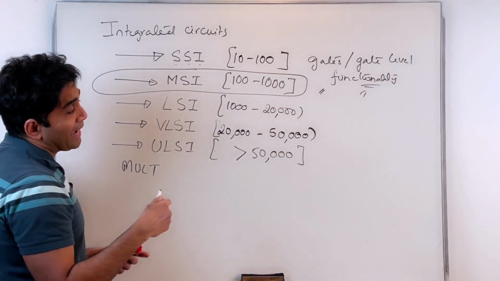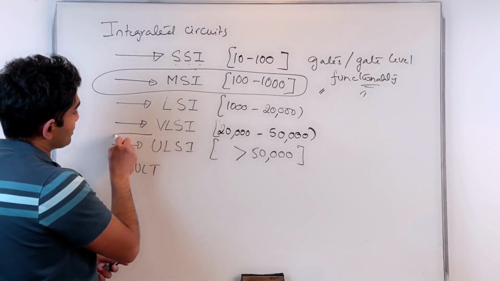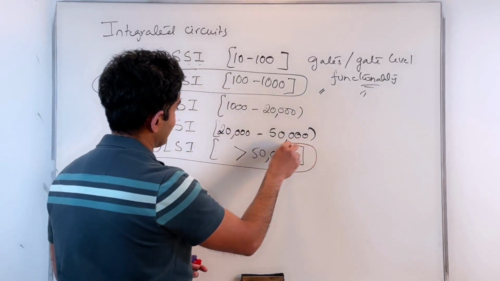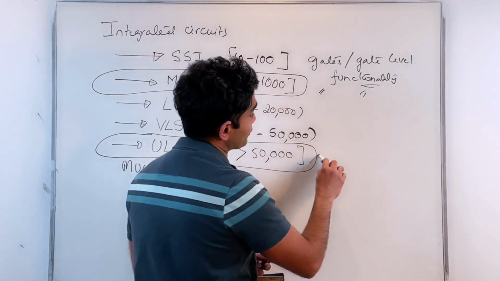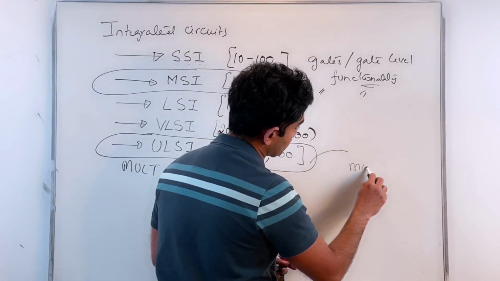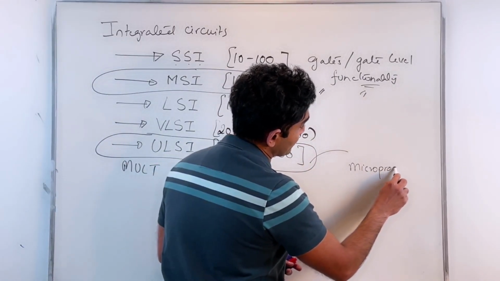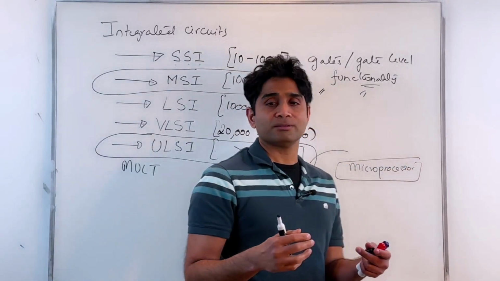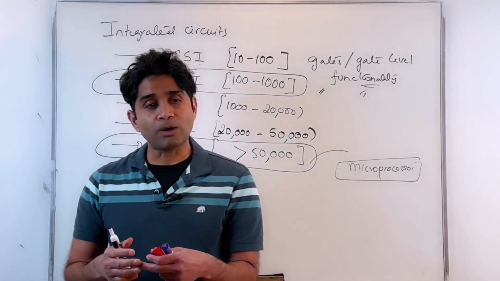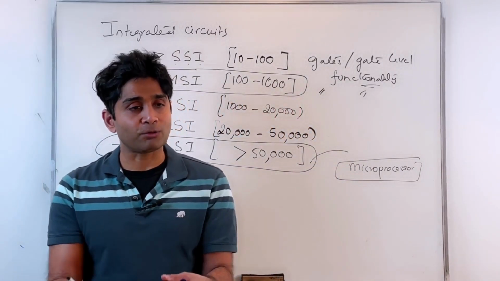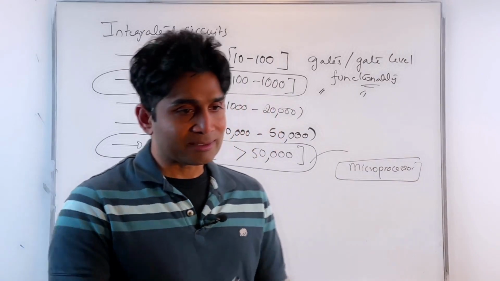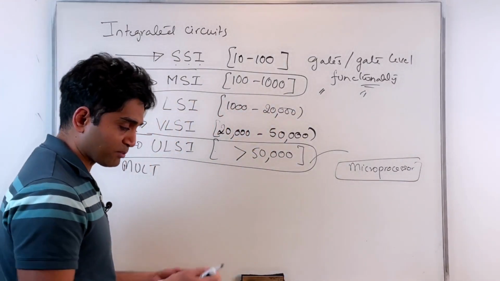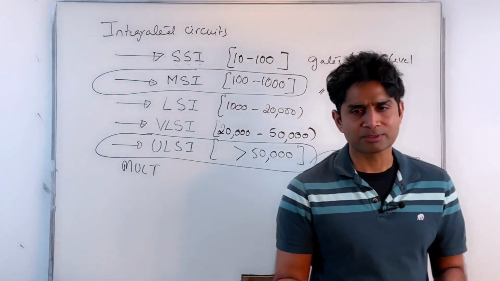Now, you may ask, how do I do the design using the ultra large scale integrated circuits? That corresponds to utilizing your microprocessor, for example. Your microprocessor is an ultra large scale integrated circuit, and you utilize it to obtain the functionality that you desire, right? This is commonly done, especially in the design of embedded systems.